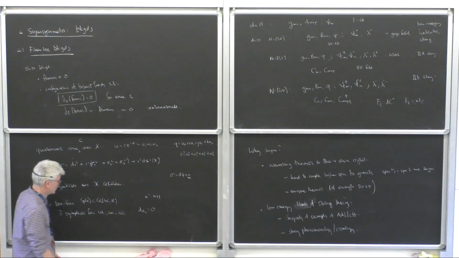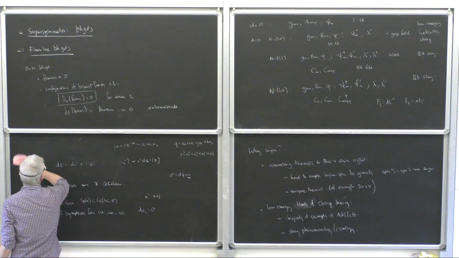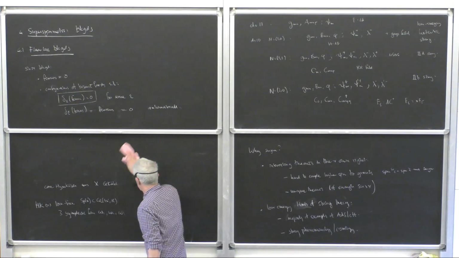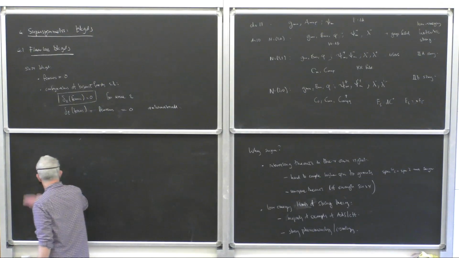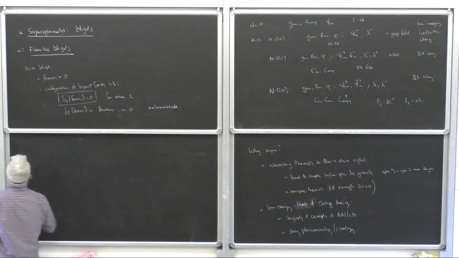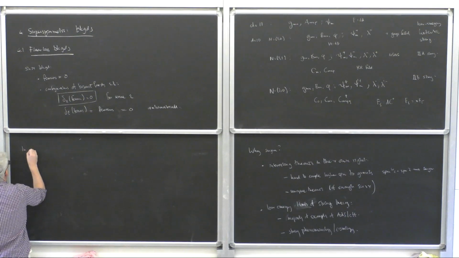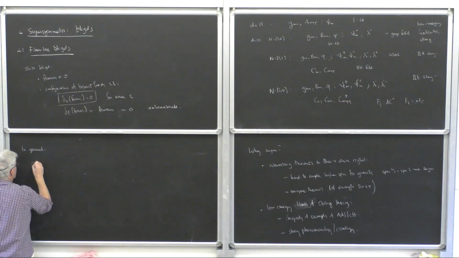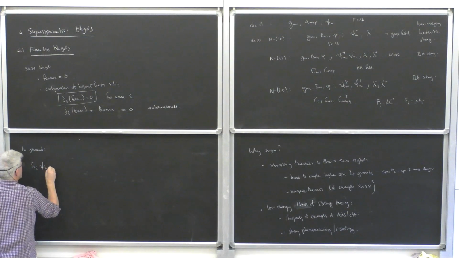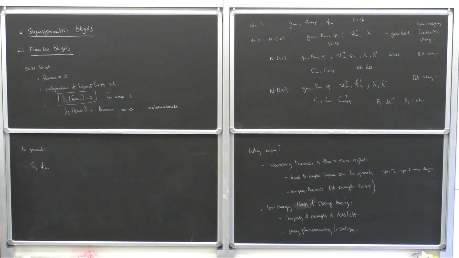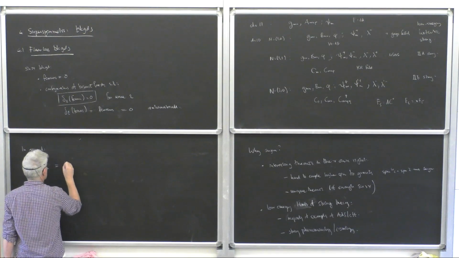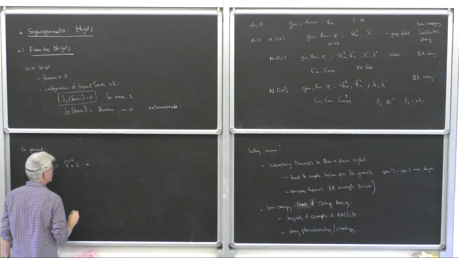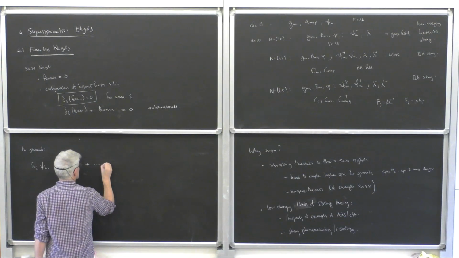All right, so in general, we're going to have some variation of the gravitino field. And that always looks like some Levi-Civita derivative on the spinor, plus more stuff.